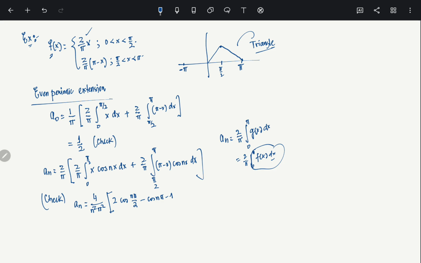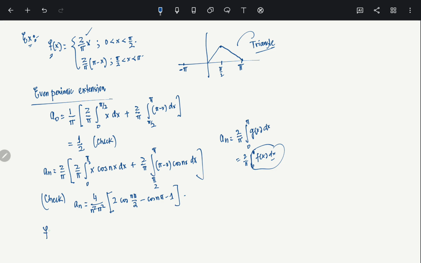Okay, so I did not calculate the whole thing. Here essentially I want you to please check this part yourself, what is going to be the a_n. Yes, this is basically integration, but that part you can handle yourself.